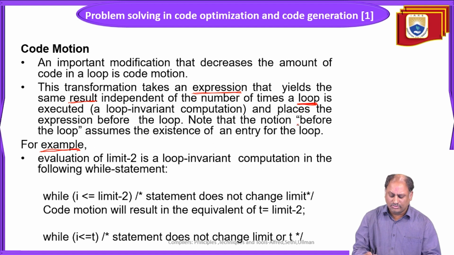So before the loop, some of the statements which are available are called the entry for the loop. Now in this example, while I less than or equal to limit minus 2, this computation does not change the limit, but code motion will give the equivalent of t.